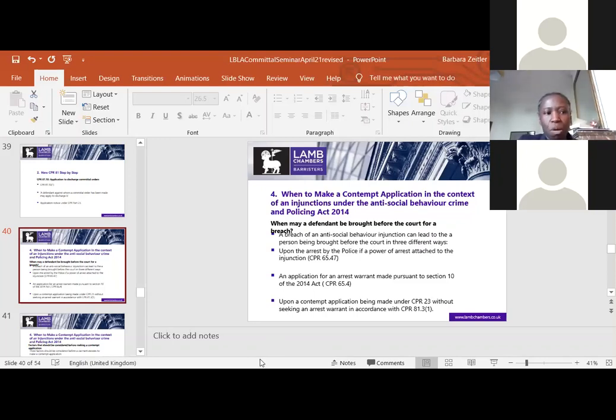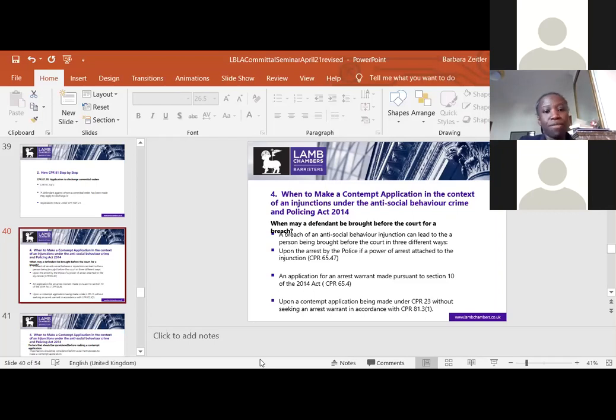I think it's worthwhile reflecting on that, because I often find that even in circumstances where there has been a breach, for example, of a power of arrest and the individual has been brought before the court in relation to that breach, sometimes you find judges still ask whether there's going to be a separate contempt application made, but there is no need for that separate application to be made.